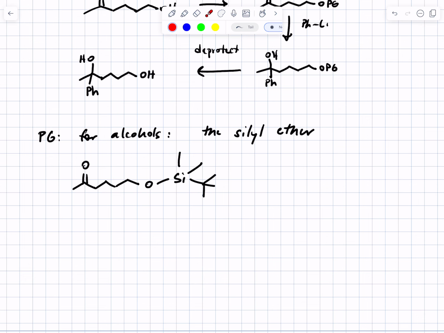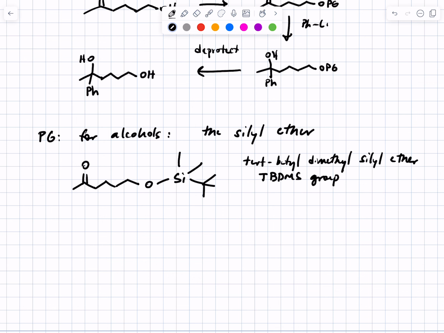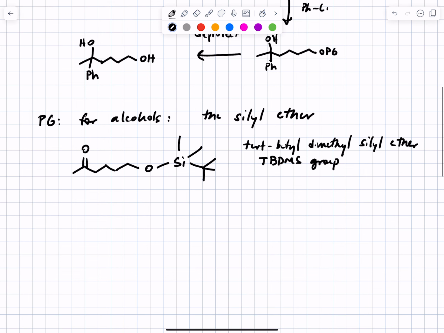Of course we get tired of writing all of that down, so, like alphabet soup in organic chemistry, we're going to abbreviate tert-butyl dimethyl silyl ether as the TBDMS group. And in fact, most organic chemists get so tired of drawing silyl ethers that they will just abbreviate it like this. And that's what your text does.